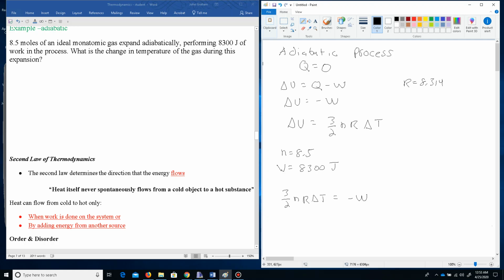We know what the work is, the R constant, and the moles. We need to find the temperature change. So we multiply over by 2/3, and you end up with delta T equals 2/3 times negative W over nR. And so delta T would equal 2 times 8,300 over 3 times 8.5 times 8.314.